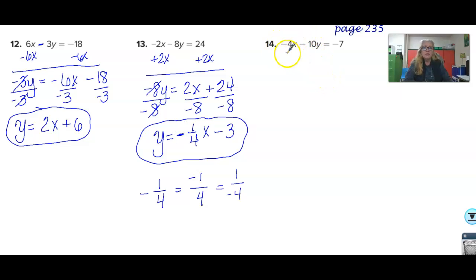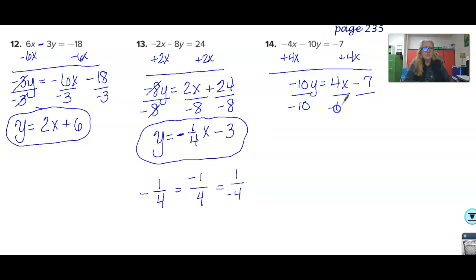Alrighty, let's get rid of this x term. We'll add 4x to both sides. And that will give us -10y equals 4x minus 7. Dividing each term by -10 gives us a little bit of a messy answer, doesn't it? But in algebra, sometimes things get messy.